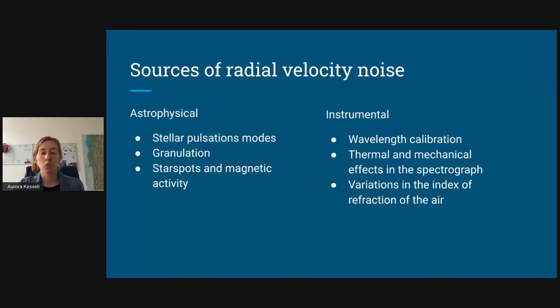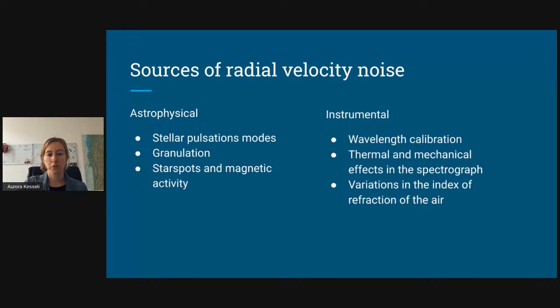In order to measure this centimeter-per-second radial velocity precision, we also have to talk about the sources of noise that are present in the data. There are sources of noise that are astrophysical and sources of noise that are instrumental.